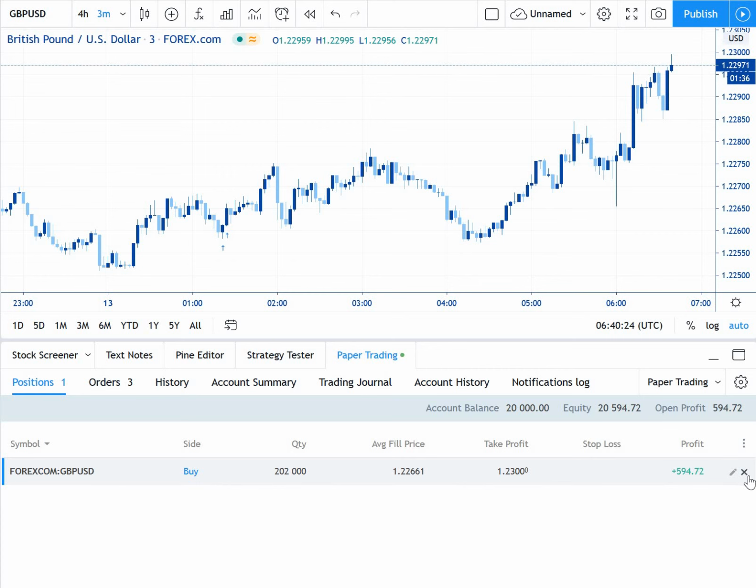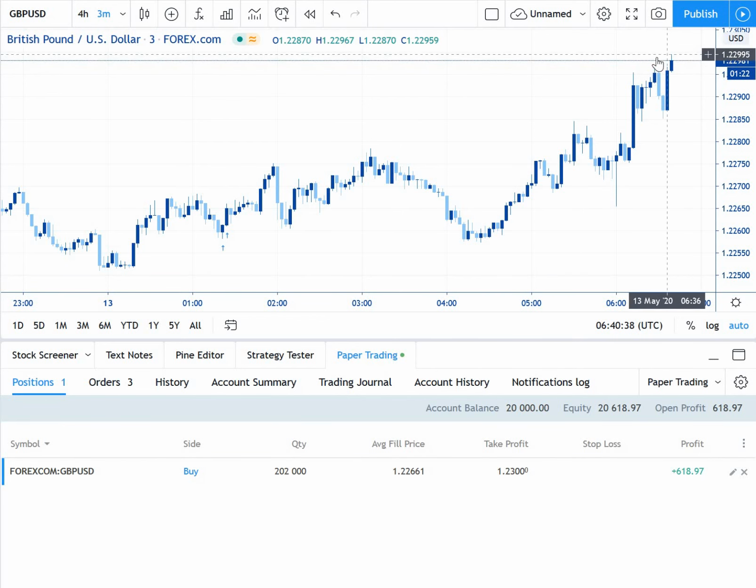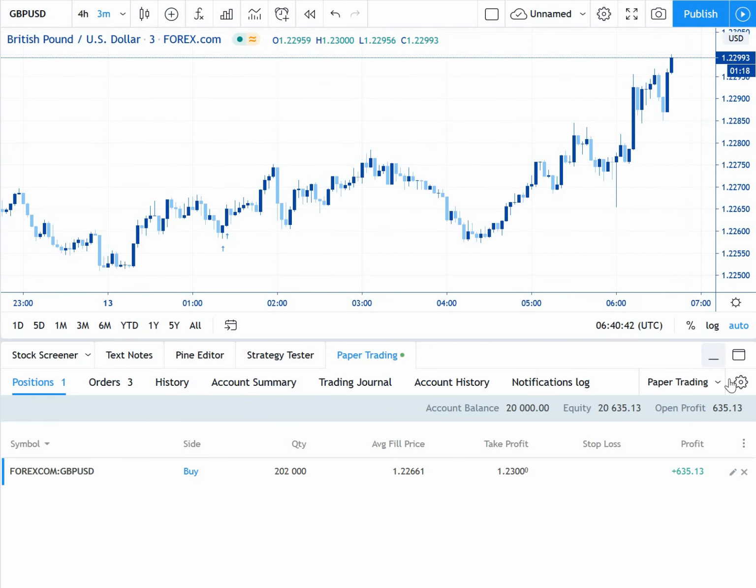Let's wait a couple more minutes. Ready to kill the trade if it doesn't move a little bit more. We actually reached the new low. It's 23, but we didn't get filled.